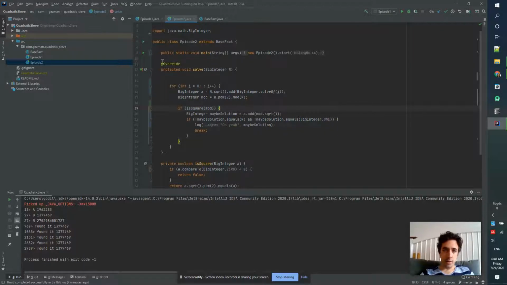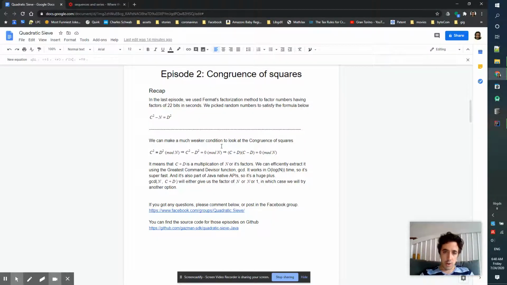Let's try it. And we got a value that is not even a square. Oh, yeah. So it can be a multiplier of n.